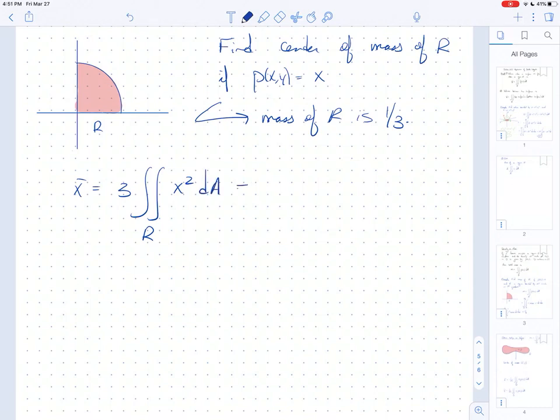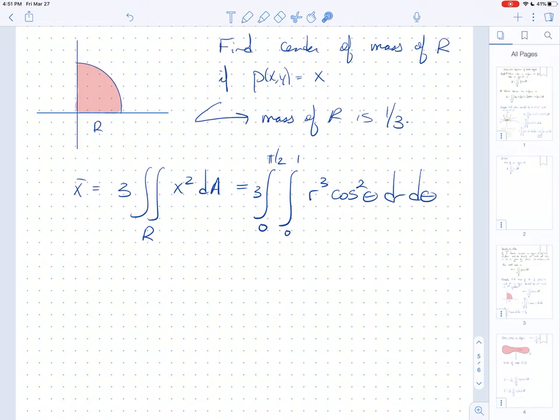Just like before, we'll switch this to polar, and we're going to get 3 times the integral from 0 to pi halves, 0 to 1, of r squared cosine squared theta times r. I'll write that as r cubed cosine squared theta dr d theta. The only real difference in this integral, computation-wise, is that you have this cosine squared.